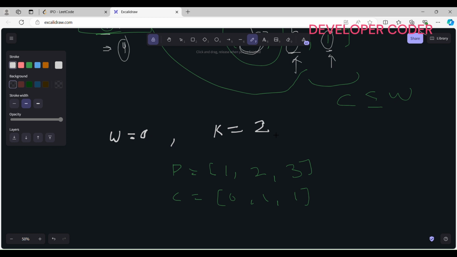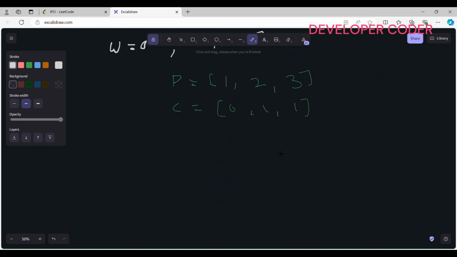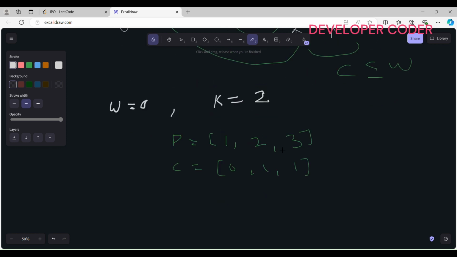One thing is that first I want to select those projects where I have the minimum capital. Since my W is equal to 0, I can only start with the projects whose capital is less than or equal to my W. So definitely I'm going to sort my capitals array.